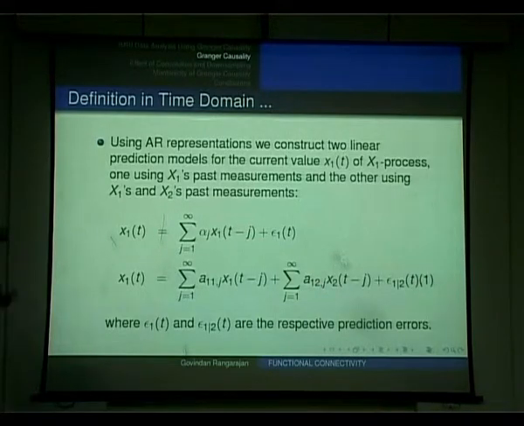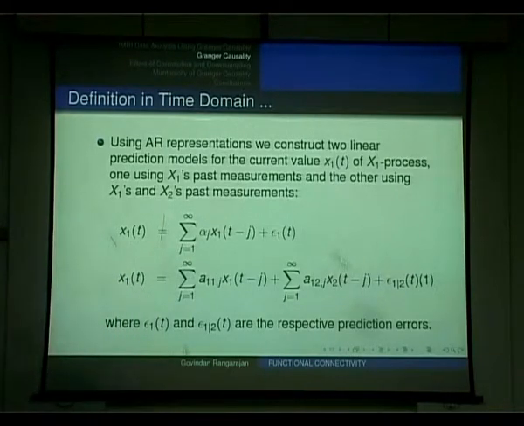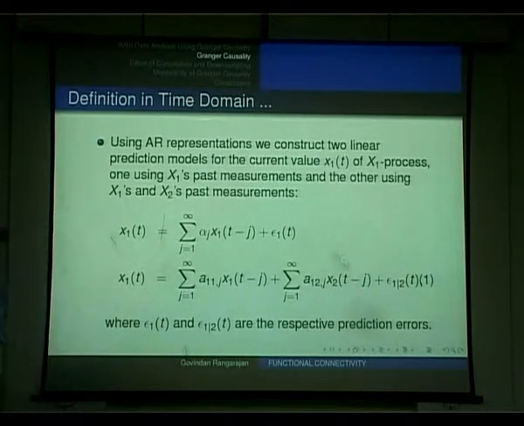So essentially, Granger causality, like many great ideas, is very simple as far as the concept is concerned. If the past of x2 helps me in predicting the current value of x1 better, I will say that x2 has a causal effect on x1.